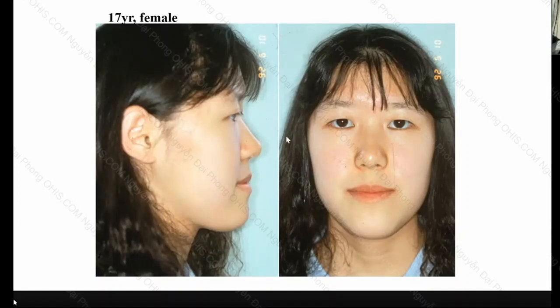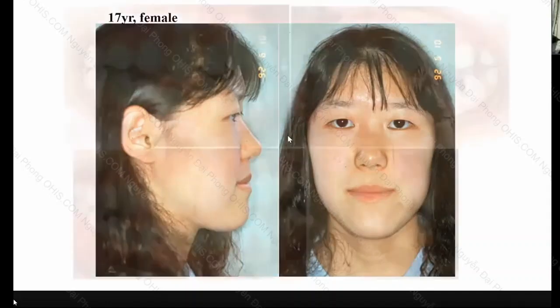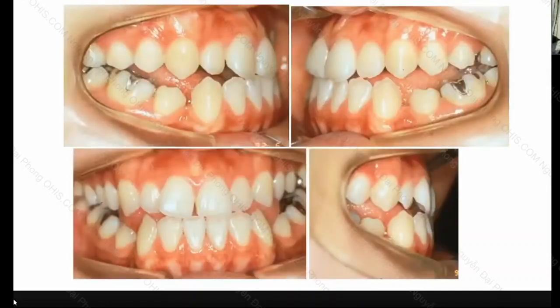She had orthodontic treatment 4-5 years ago, with only lower first premolar extraction. Once again, I can't understand why only lower premolar extraction.